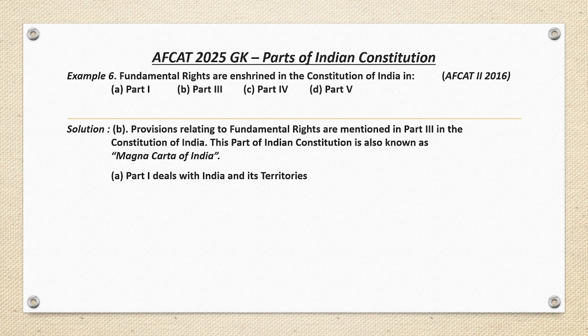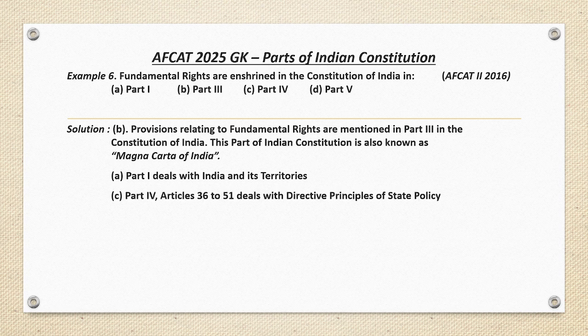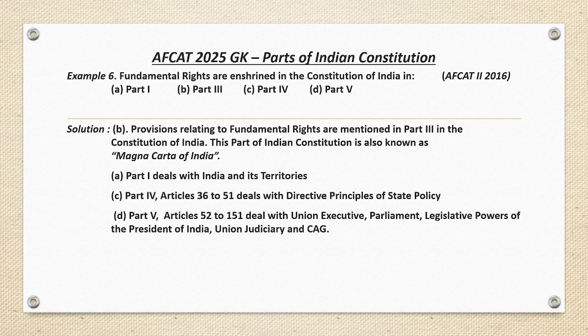Part 1 deals with India and its territories. Part 4 deals with the directive principles of state policy. And Part 5 deals with the center, that is, the union executive, Parliament, and the Comptroller and Auditor General.